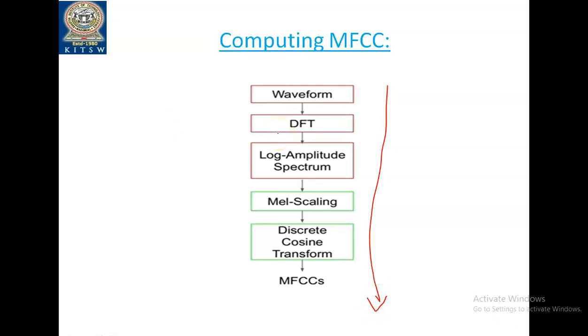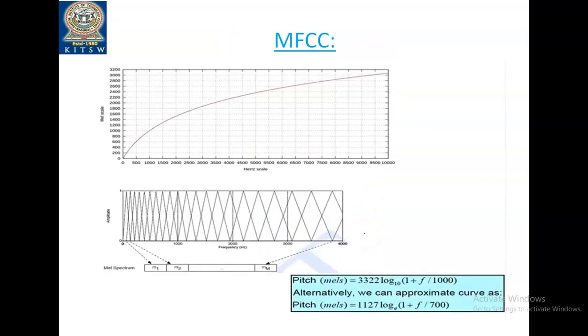We clearly mentioned this in the previous analysis also, in the cepstral domain. From the speech signal we get the acoustic waveform, which is converted into another domain with the help of the DFT, and then log amplitude spectrum, and then Mel scaling, and here we apply the DCT.